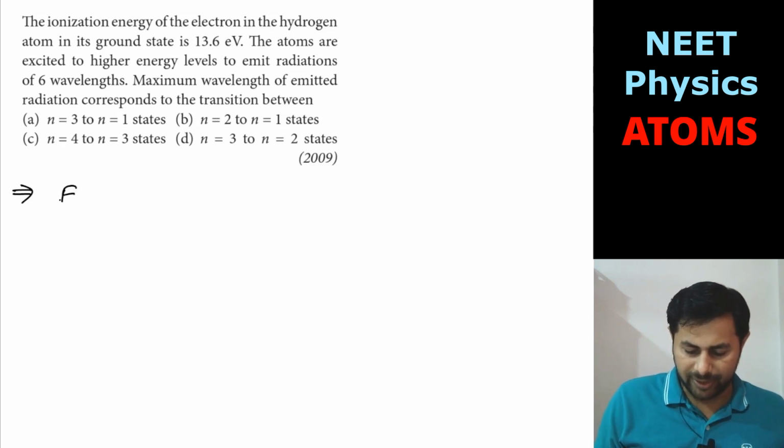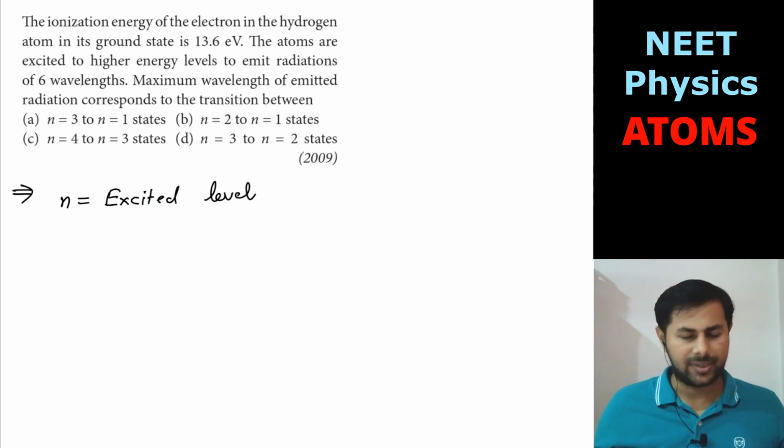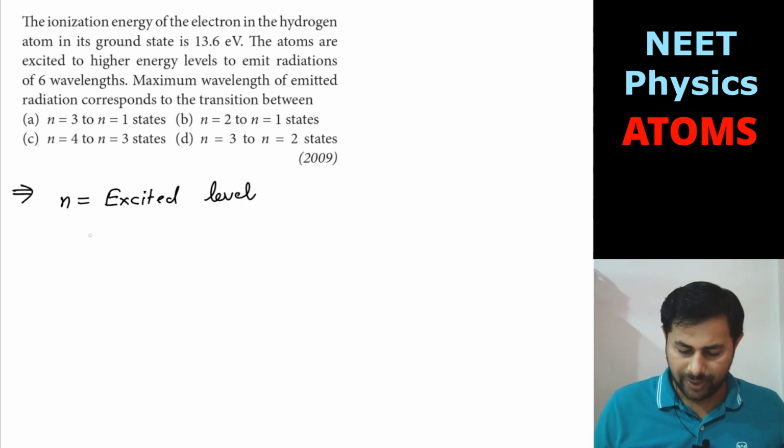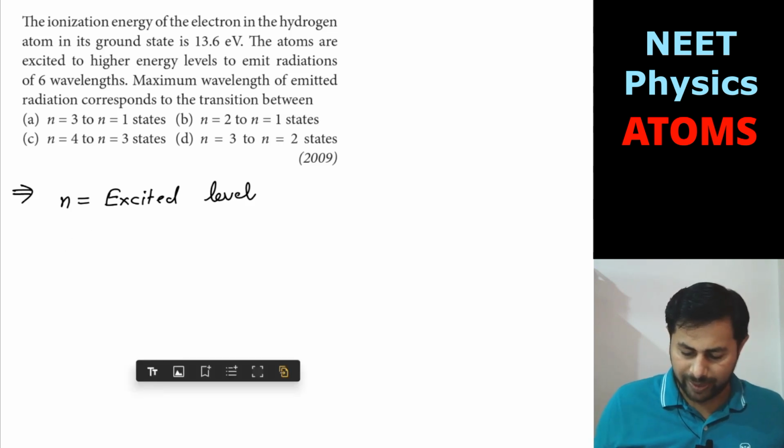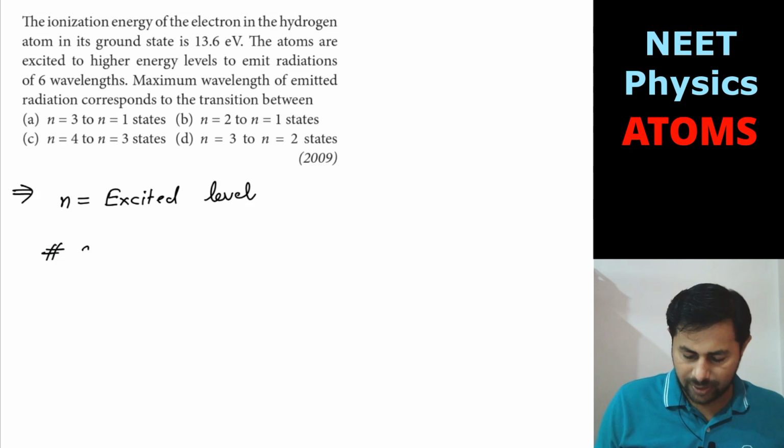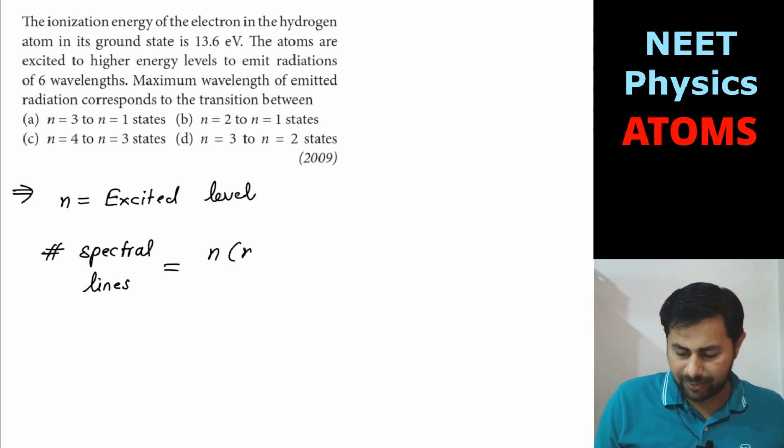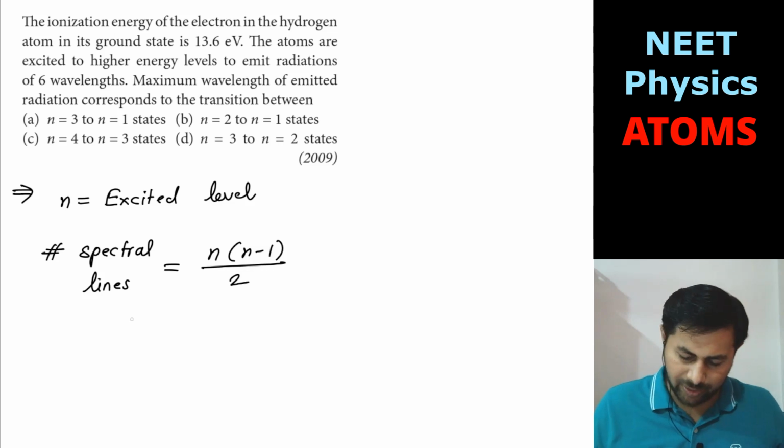Let n be the excited level, the number of the excited orbit. Then the number of spectral lines is equal to n times (n minus 1) divided by 2, and this is given to be equal to 6.